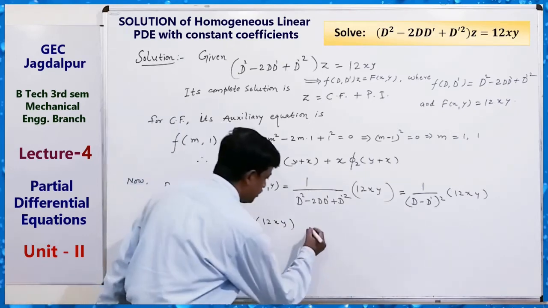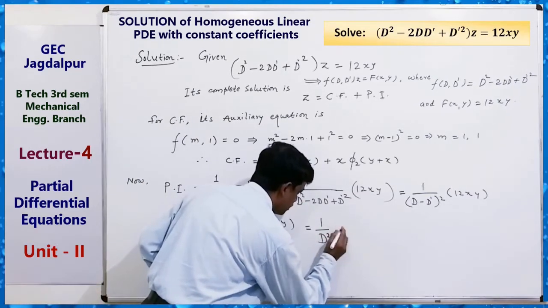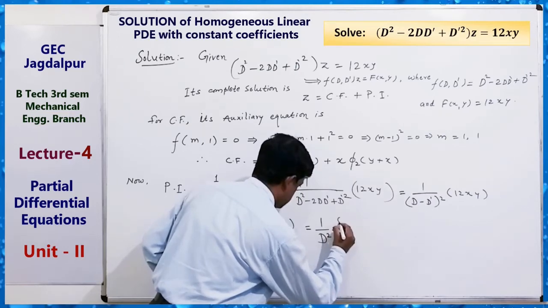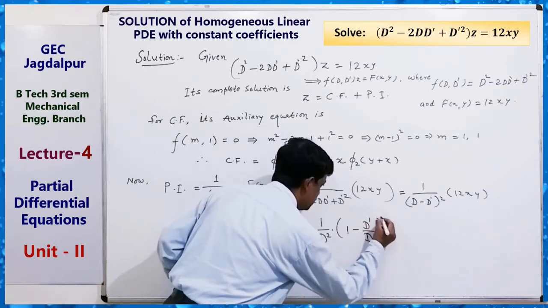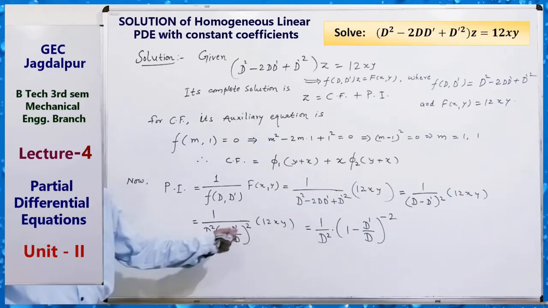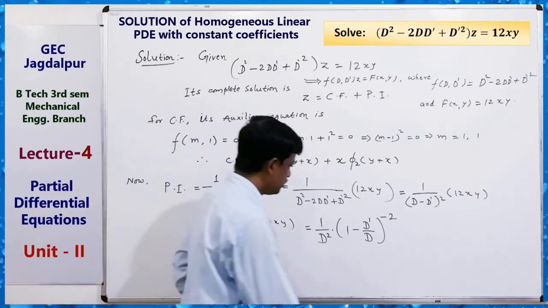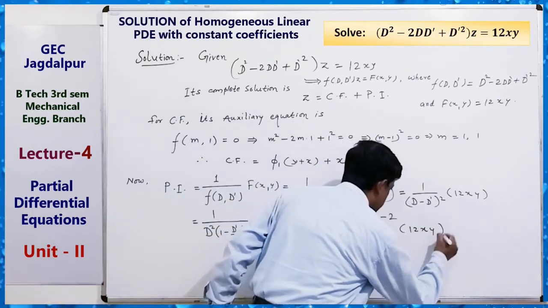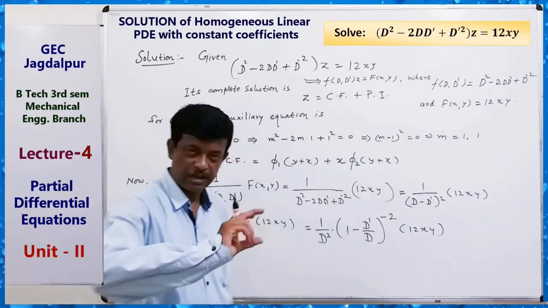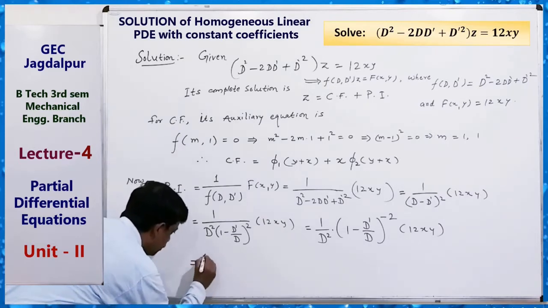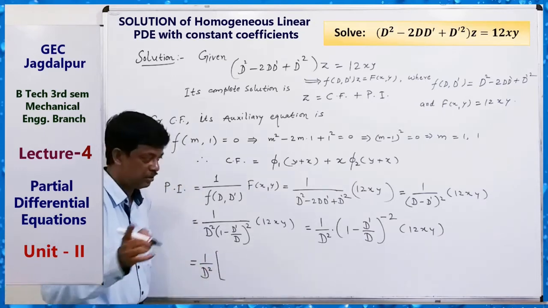It can be written 1 upon D² (1 - D'/D) to the power minus 2. This goes to the numerator, that is power minus 2, of 12xy. Now we use the expansion of (1 - x) to the power minus 2. So this is equals to 1 upon D² and 1 minus minus, so plus.